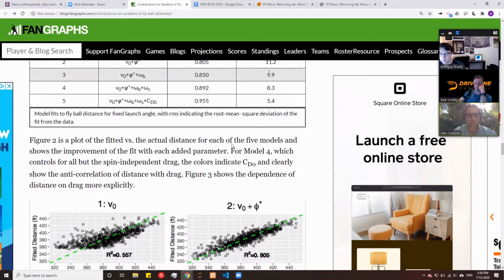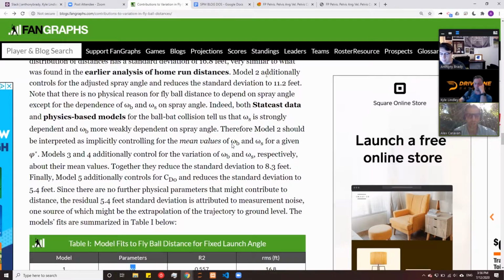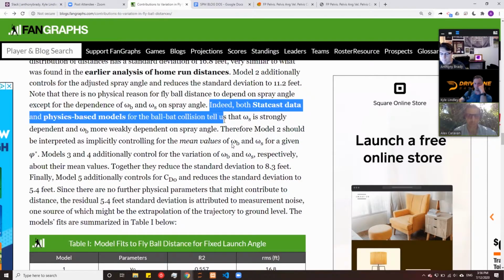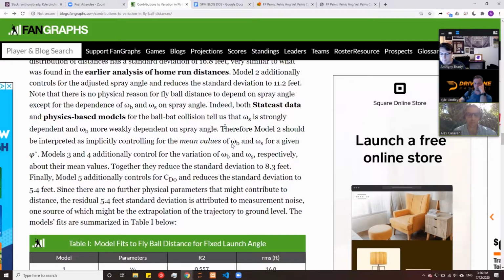It's potentially a confusing concept, but Nathan goes in here explaining what that means. Essentially, the way he puts it: side spin is strongly dependent on spray angle, and backspin is weakly dependent on spray angle.